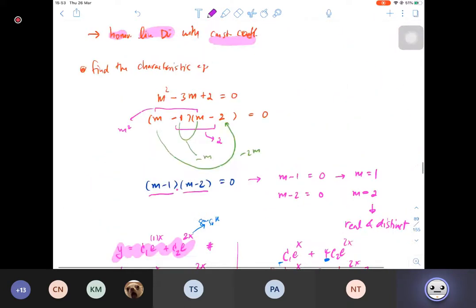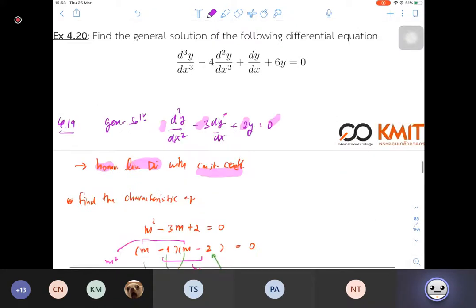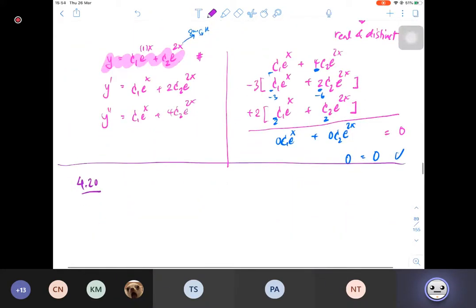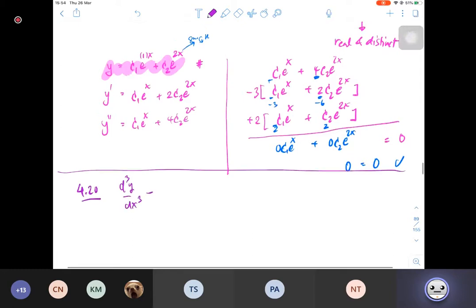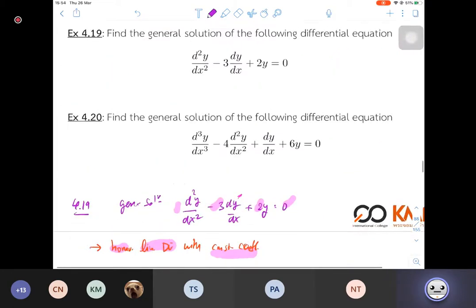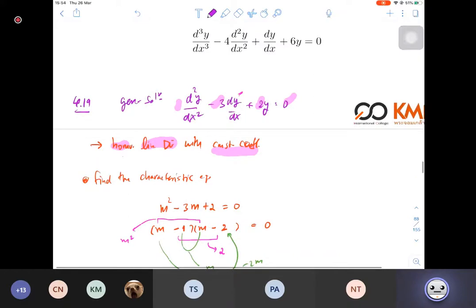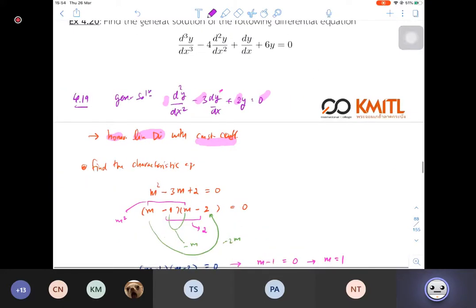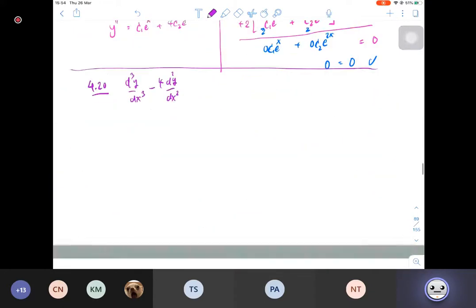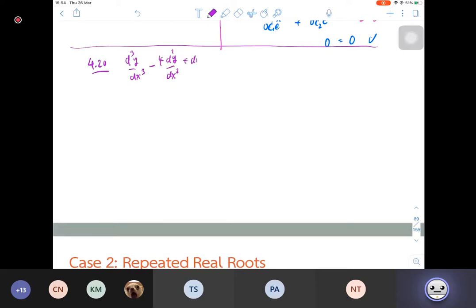420. You got d cubed y by dx cubed minus 4 d squared y by dx squared plus dy by dx plus 6y equal to 0.